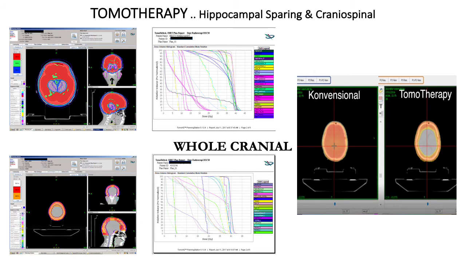The image below is another example showing that we can do a whole cranial irradiation, for example, in cranial metastasis cases, and we can avoid giving a high radiation dose to the brain tissue inside.